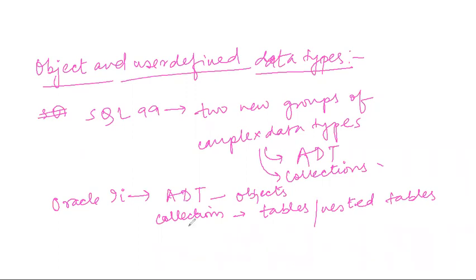Then we used several reference types. Then we used several arrays, varying arrays, and so on. So this is the basic logic behind the incorporation of object or user defined data types in the normal RDBMS system. Okay.